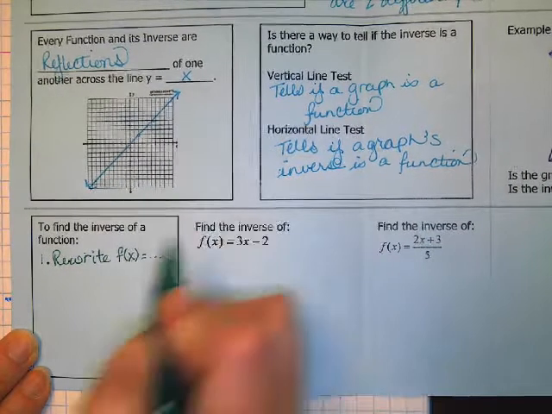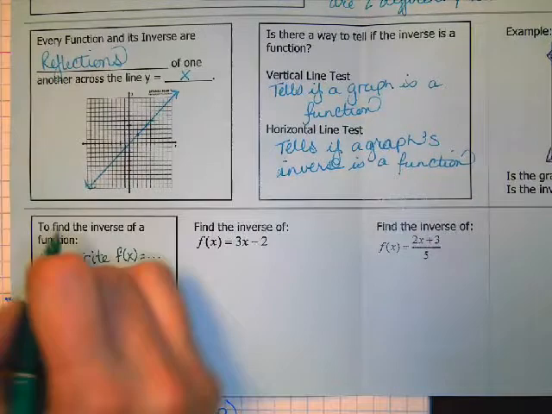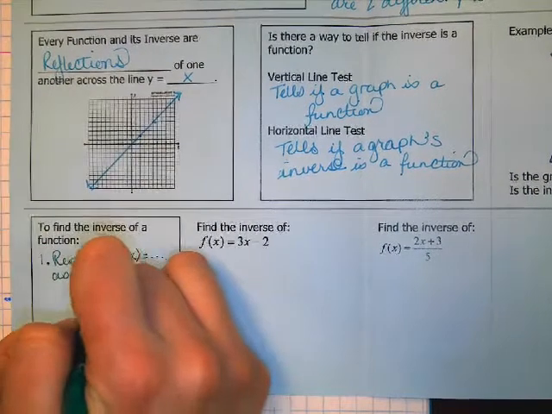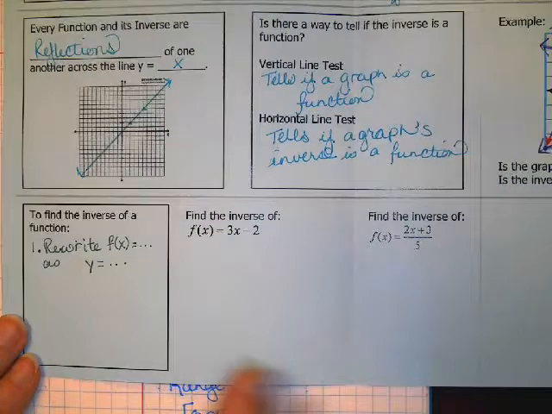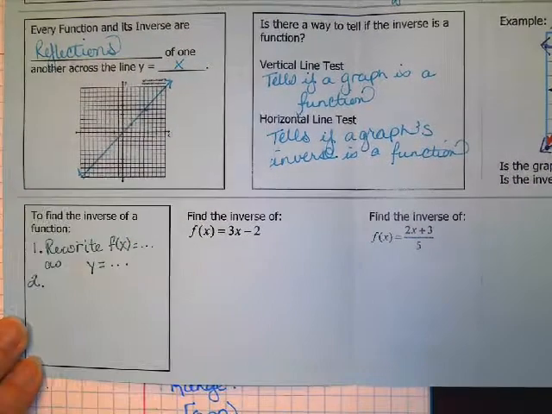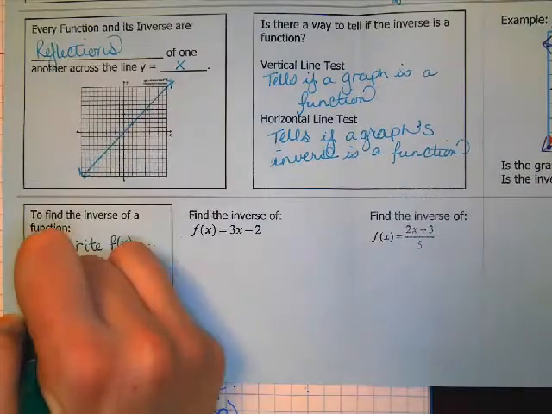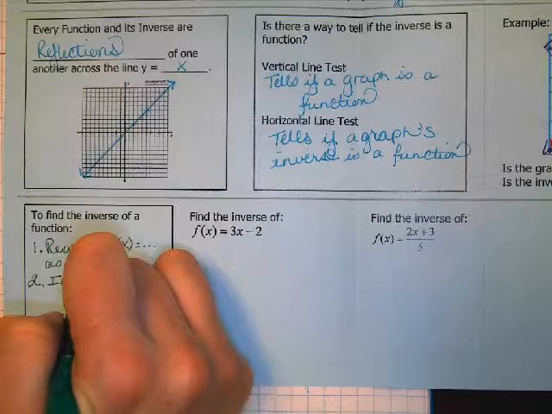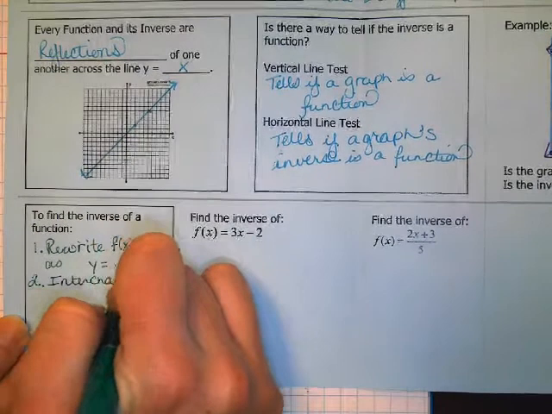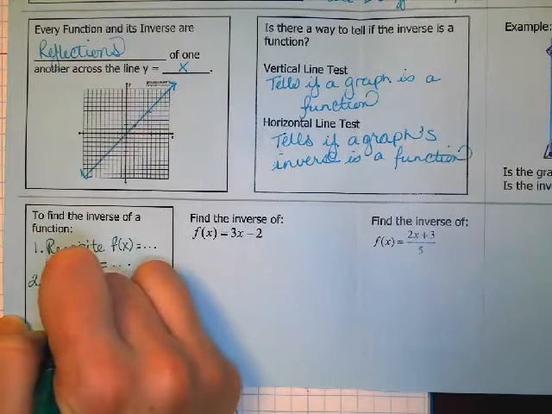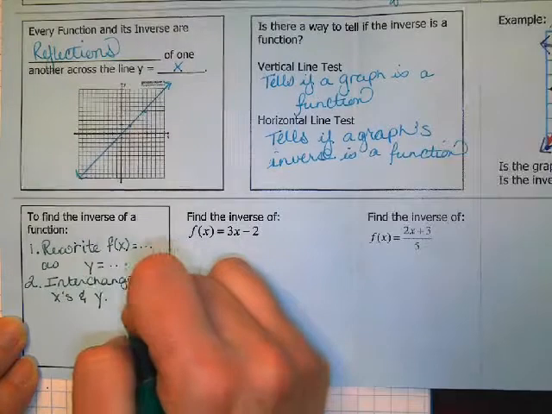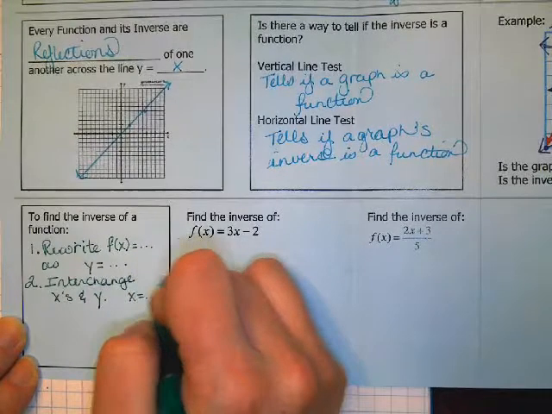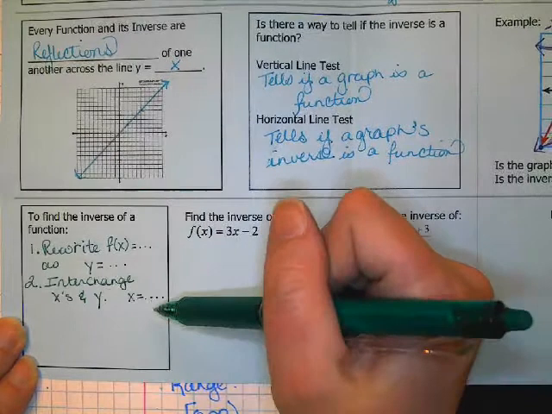All right, last thing that needs to be addressed is how to find the inverse of a function. To do that, step 1 is to rewrite f of x equals, and then your equation, as y equals. So just write it as y.